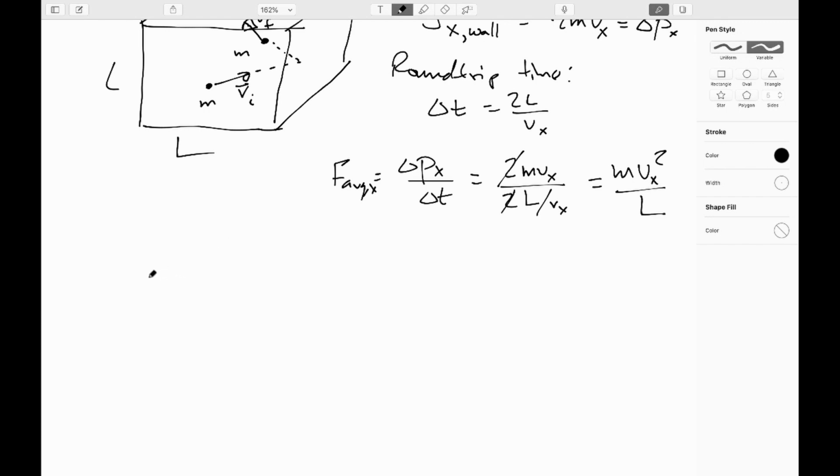Okay, but this would be equal to the pressure times the area of the wall, PL squared. Now, the thing is, we have more than one molecule. How many of them do we have? N. So let's put in an N to account for the number of molecules. At this point, we have to be careful. When we do this for one molecule, we could just go with V sub x squared. Now we need the average value of V sub x squared.